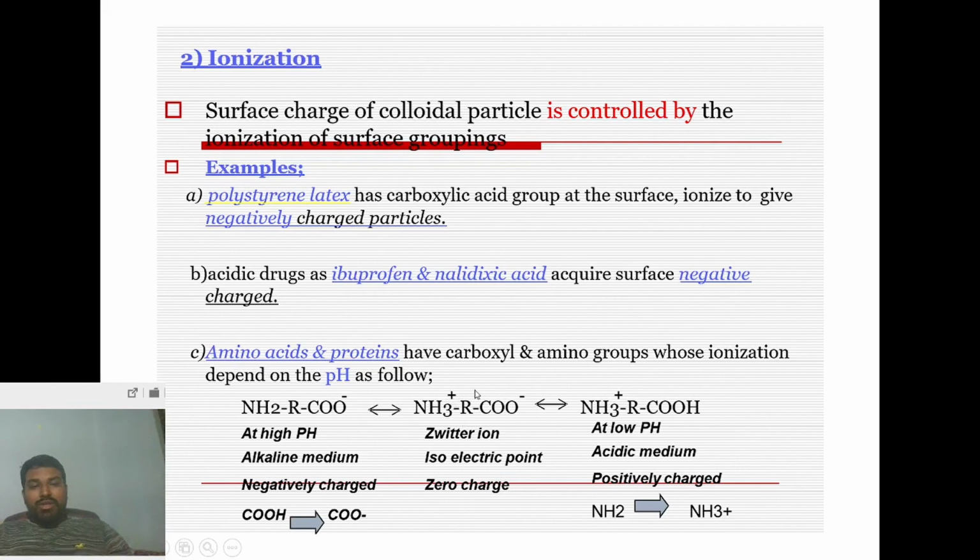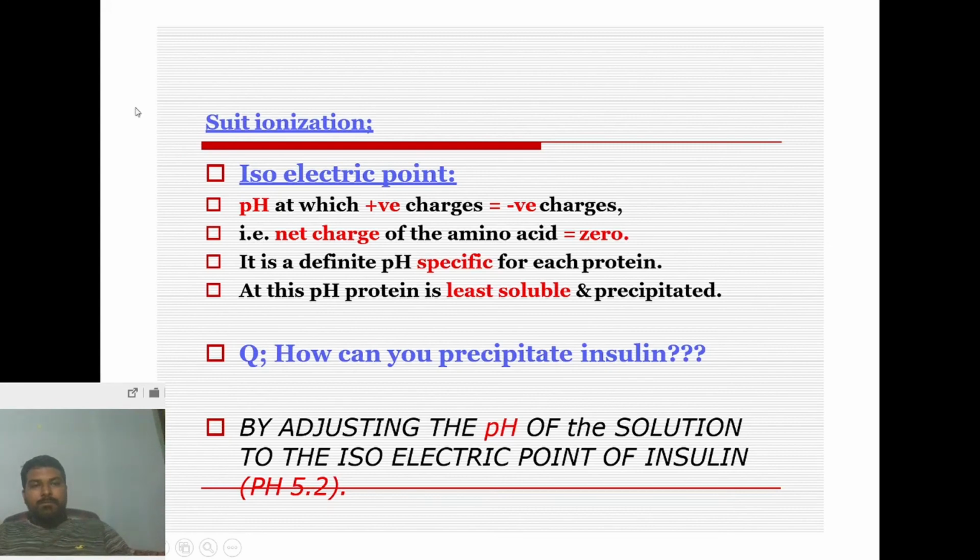Because positive and negative charges are in the same molecule. At low pH, acidic medium, positively charged. At high pH it will be alkaline medium, negatively charged, and at low pH acidic medium, positively charged. NH2 will convert into NH3 plus, and COOH will convert into COO minus.